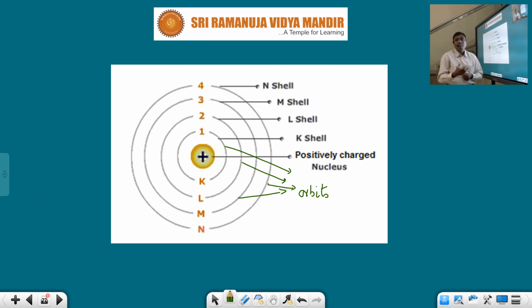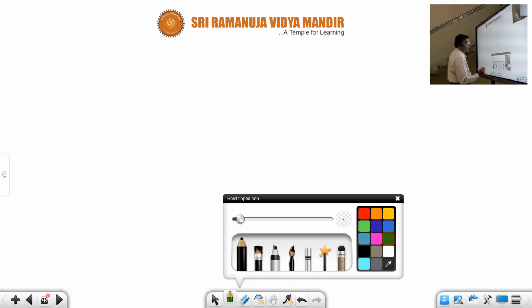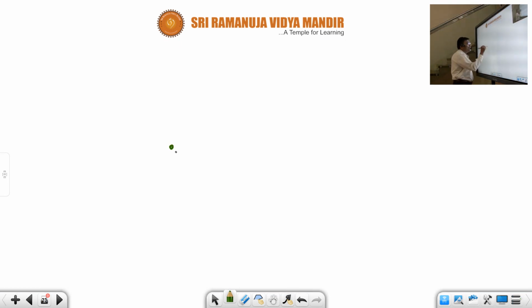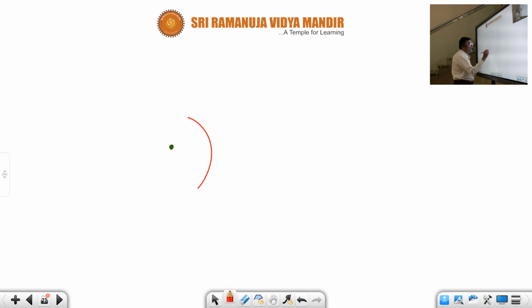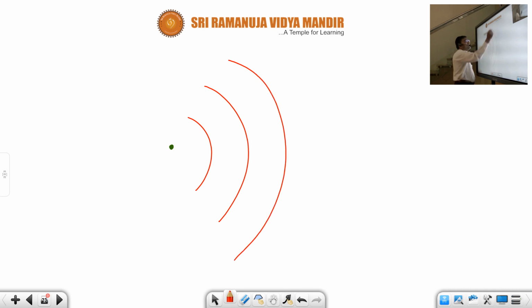The notation is K, L, M, N. Let me draw it on another slide. This is the nucleus, and I am drawing only half of the orbits for your understanding. This is an atom having a nucleus and orbits all around.